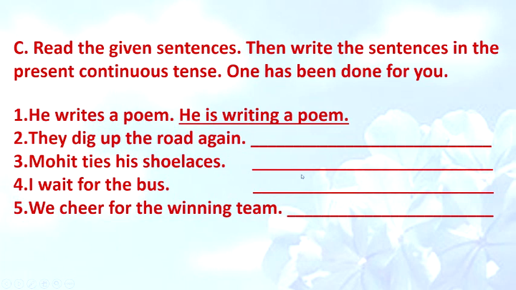So what should you do for it? Just check your subject. See what helping verb should come. Should it be is or am or are? See for your verb. Add ing with your verb. Take care of the spellings.